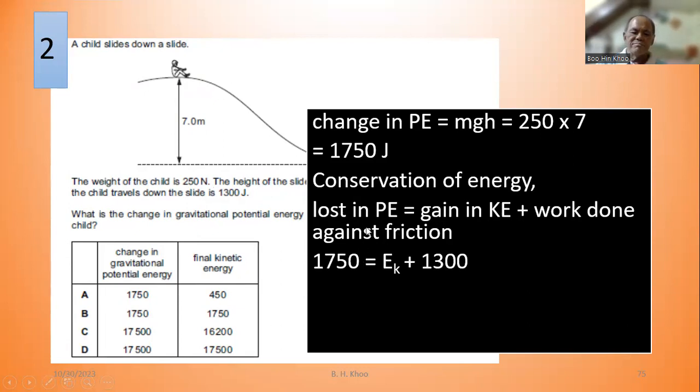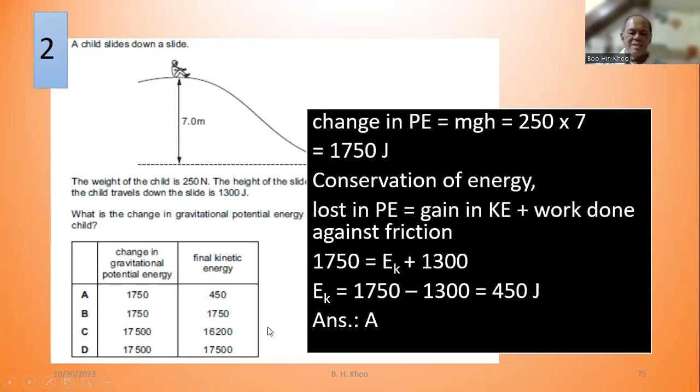Put in all the values given. Loss in potential energy is that one there, and work done against friction is given there. To calculate that, the answer is A.